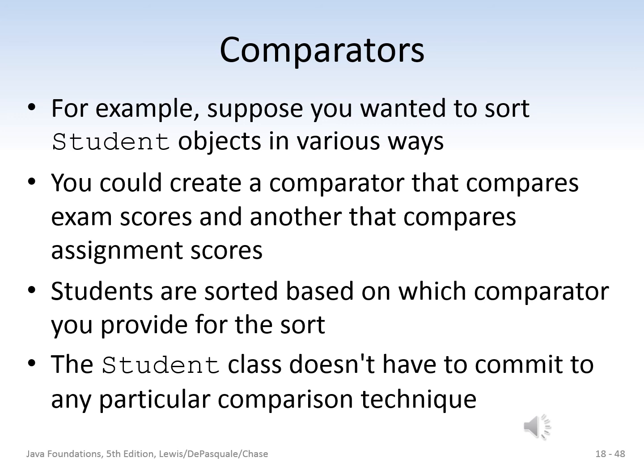A comparator that compares exam scores, and another that compares assignment scores, and then the student objects are sorted based on which comparator you provide for the sort. The student class doesn't have to commit to any particular sort technique, or comparison technique, I should say.